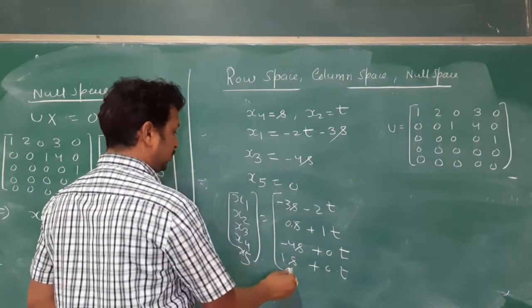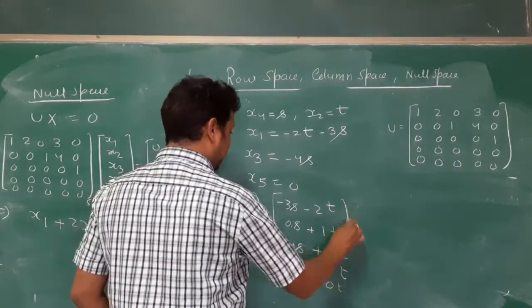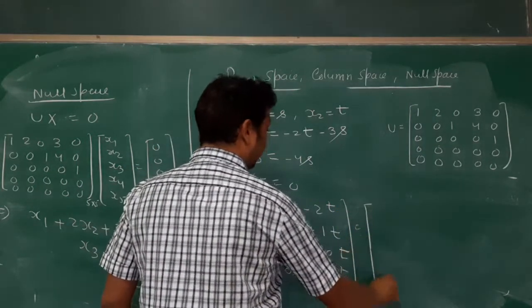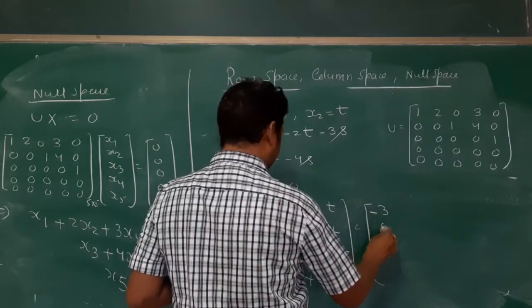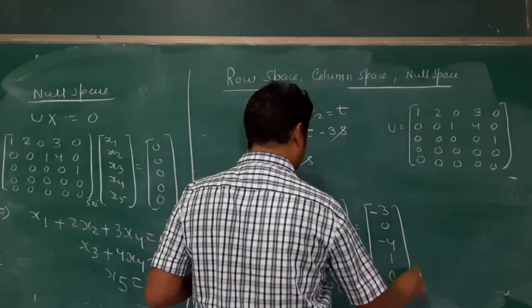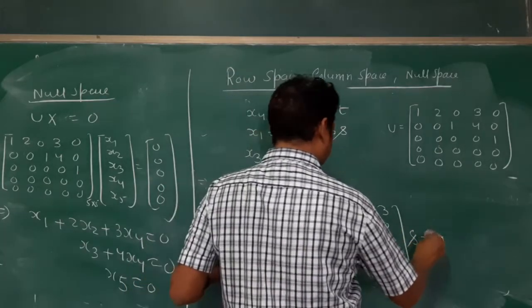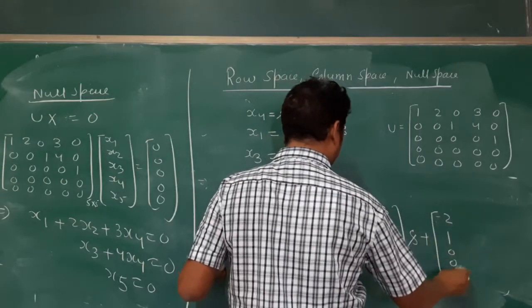What is x5? 0s plus 0t. Separate s with s, t with t. So what is the equation? Minus 3, 0, minus 4, 1, 0 multiplied with s, plus t times minus 2, 1, 0, 0, 0.